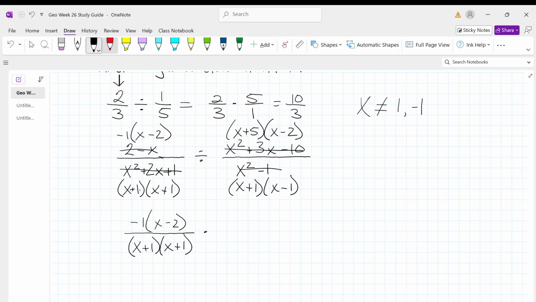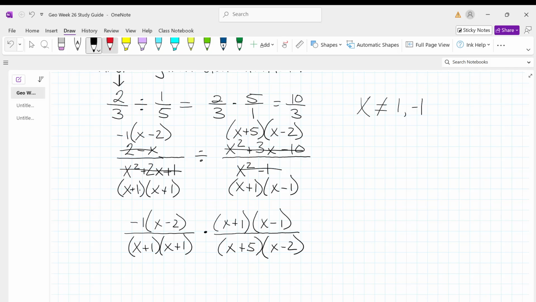Now we're going to multiply that by the second rational expression, flipped. So x plus 1 times x minus 1 goes to the numerator, and the x plus 5 times x minus 2 goes to the denominator.